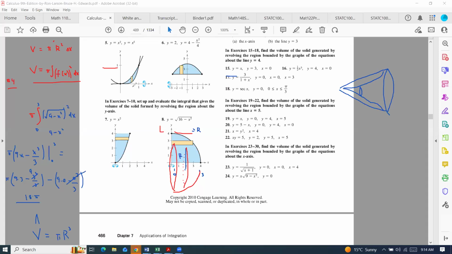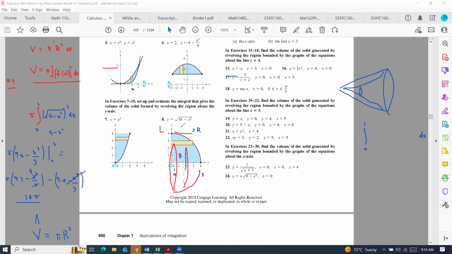So I need to add any point of x that varies from 0 to 1. So I already know how to start my integration. I have x that varies from 0 to 1, which means my variable of integration is going to be x, so it's dx.